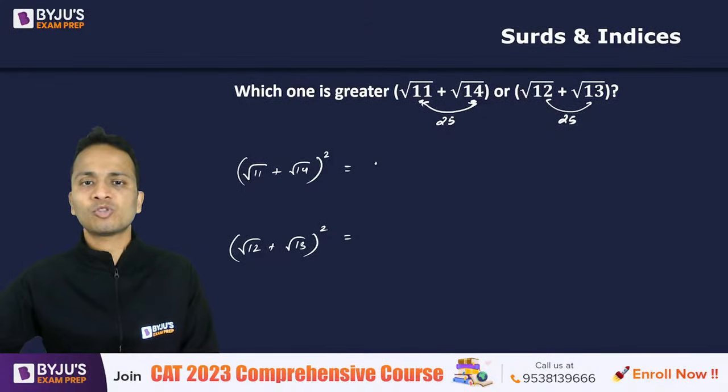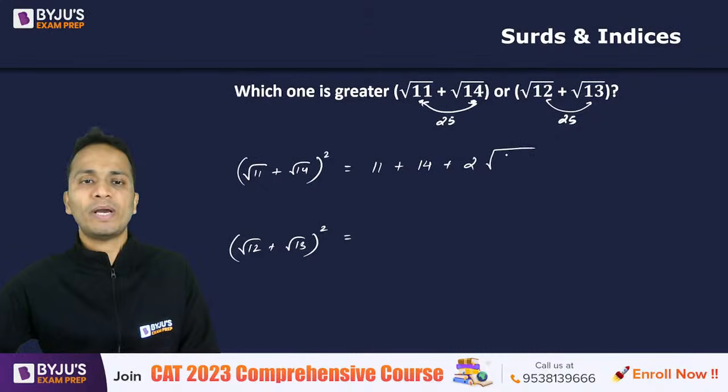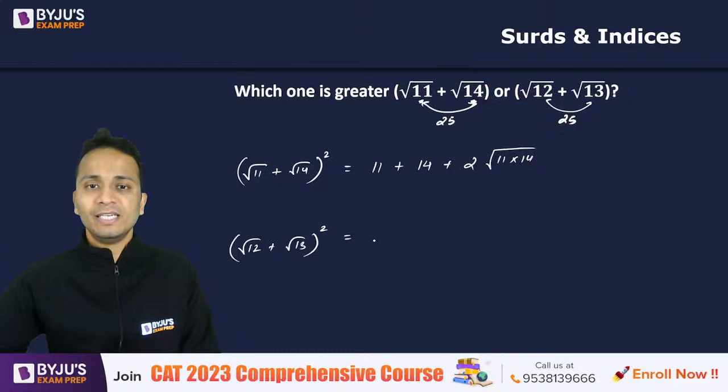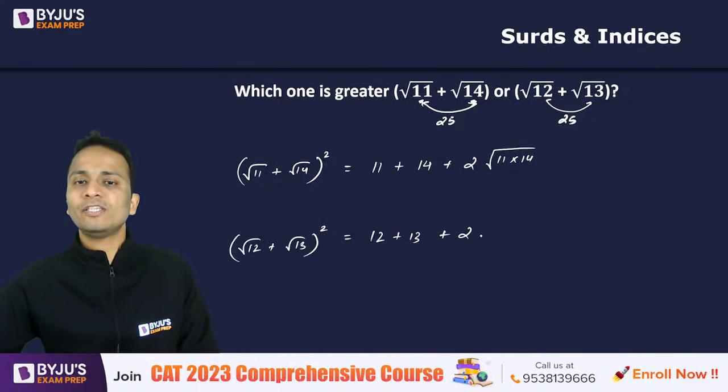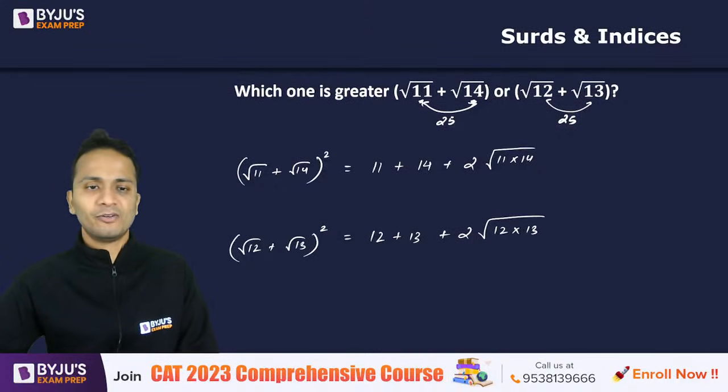So root 11 square will be 11, root 14 square will be 14, plus twice of ab, twice of under root 11 into 14, right? Next, 12 plus 13 plus twice of under root 12 into 13, right?